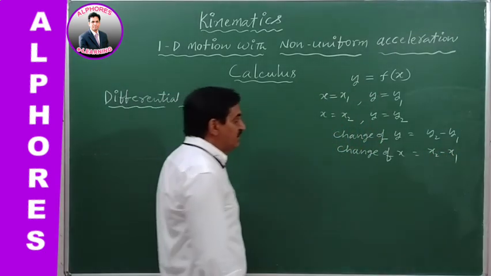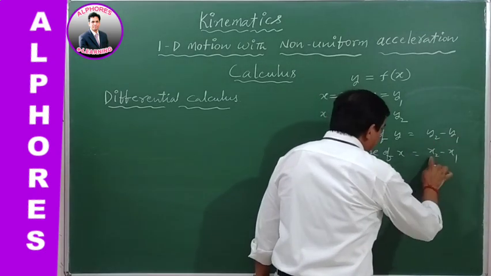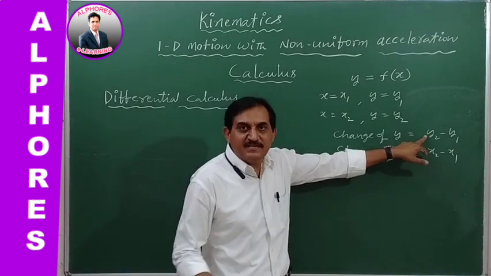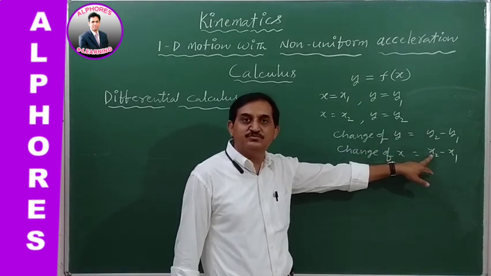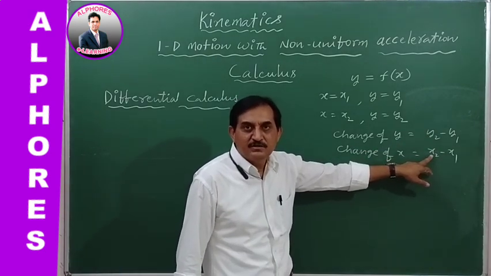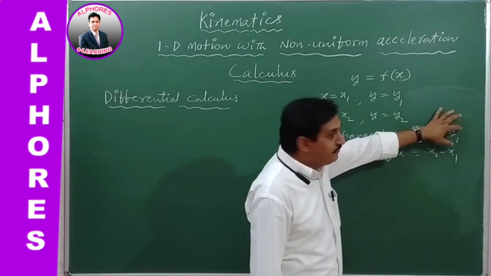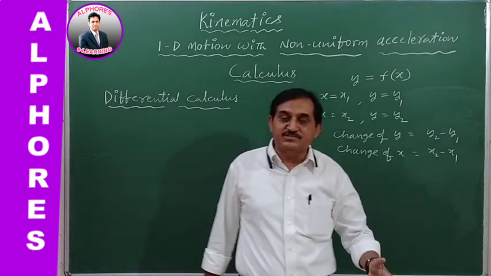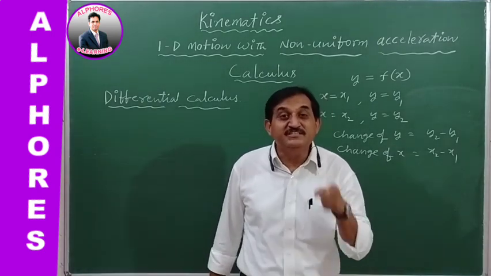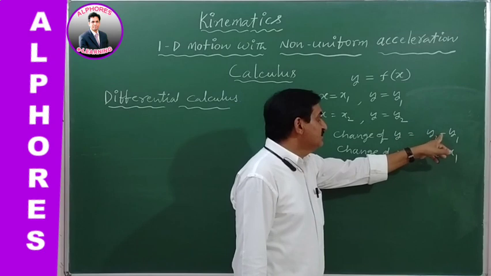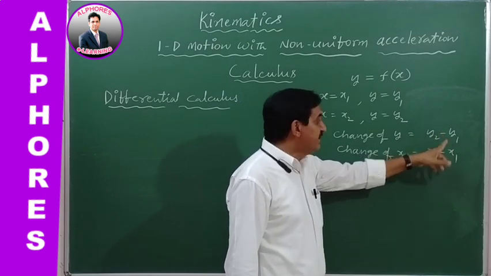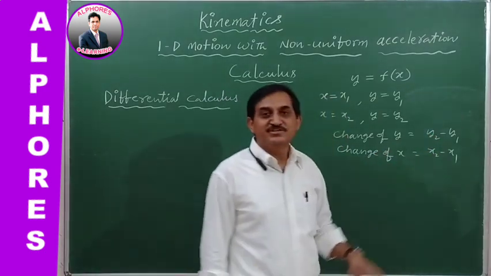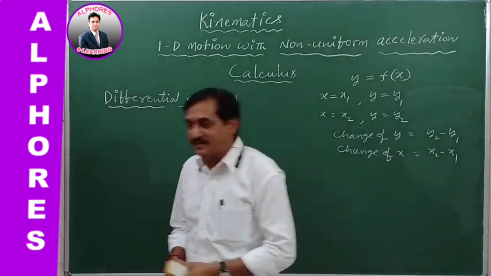Yes, y2 minus y1 by x2 minus x1 means the change of y is calculated with reference to the change of x, which indicates the determination of rate of change of one quantity with respect to another quantity on which it depends. This is known as differential calculus.